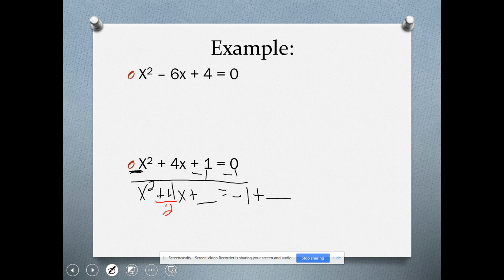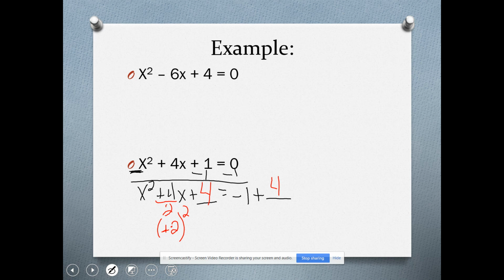Take half of the b term, which is positive 4. 4 divided by 2 is positive 2. Positive 2 squared is 4. Whatever I add to the left, I have to add to the right.